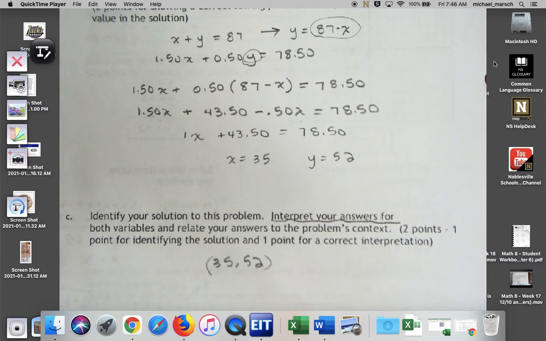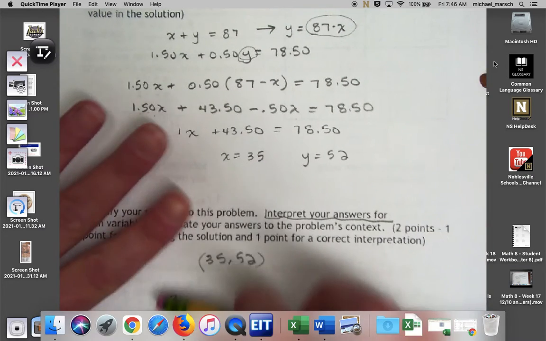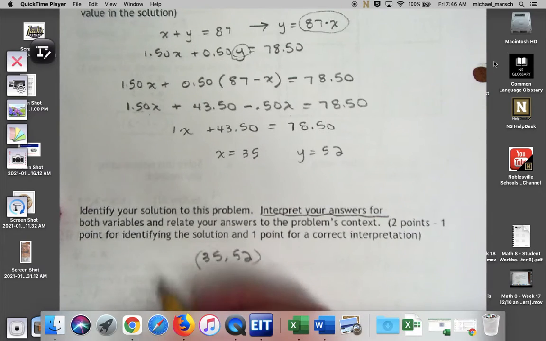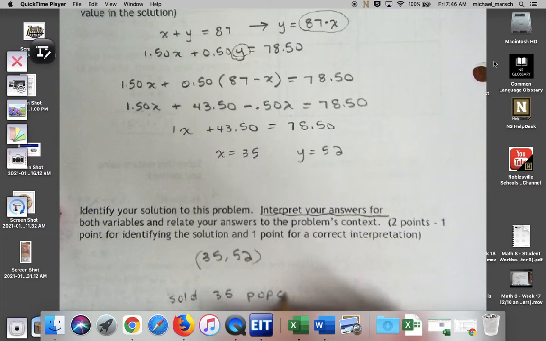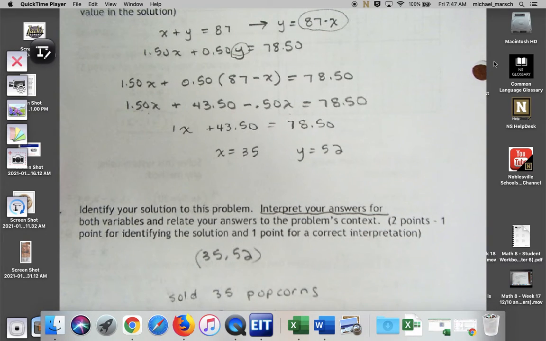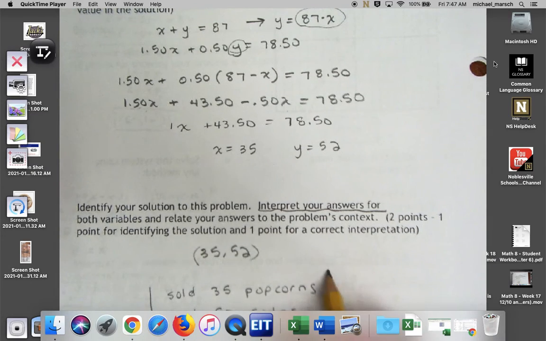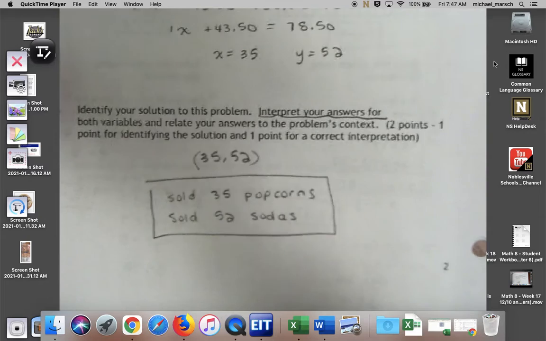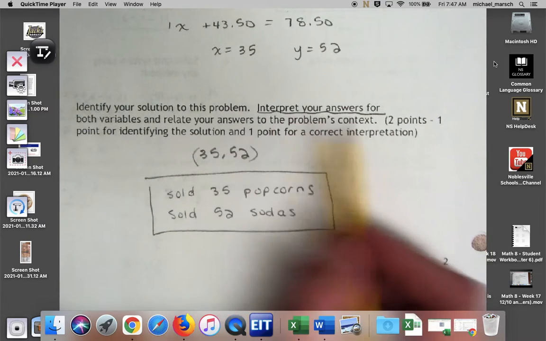The interpretation is that I sold 35 popcorns and I sold 52 sodas. Because my x was 35 and my y was my soda, which was 52. So that's all you would have to say. I need to know that you know what the x and what the y stand for. So that's the interpretation part.